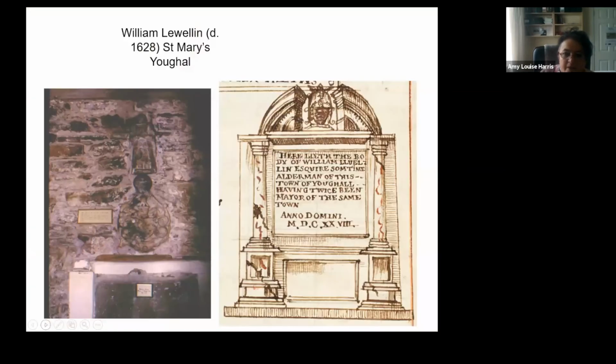Now, to leave Dublin, when Dingley was leaving Ireland, he stayed in Youghal, and he visited St. Mary's Church down there, and he did some wonderful sketches in the church. And again, this is a monument to William Llewellyn, who was alderman of Youghal and twice mayor. Unfortunately, of the monument on the left, only part of it exists.